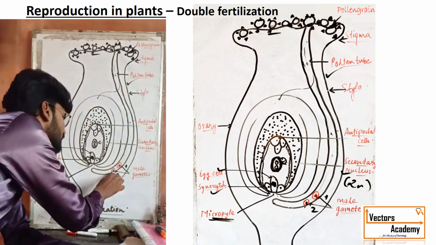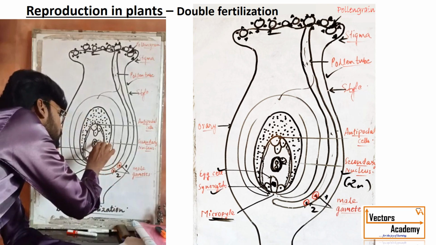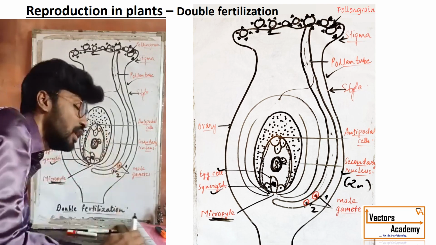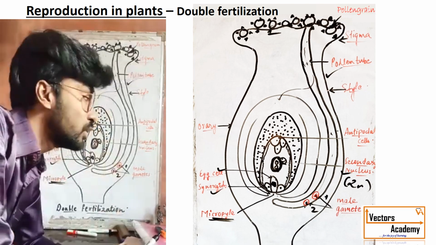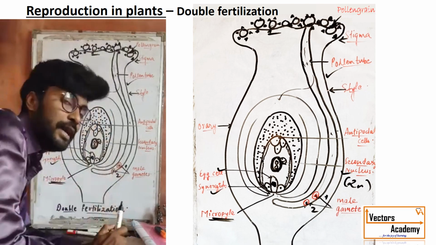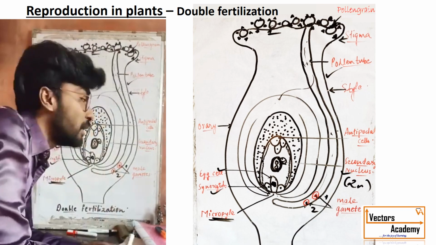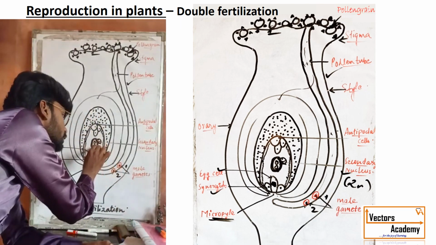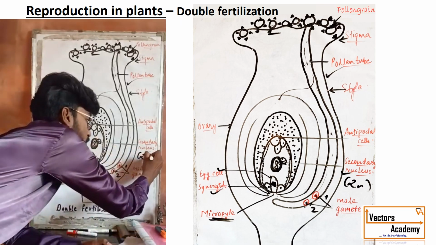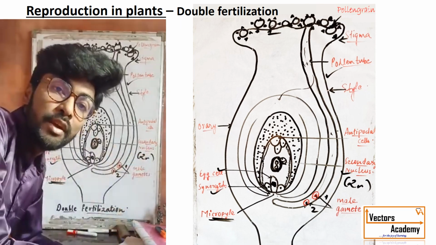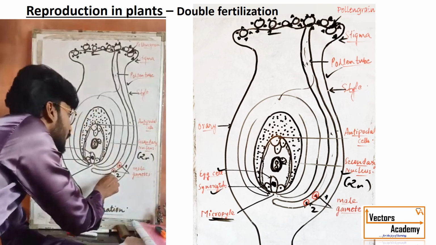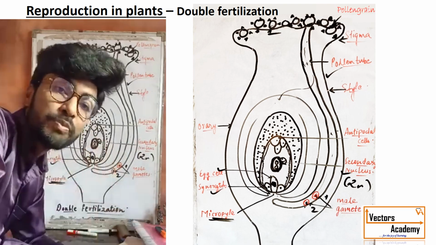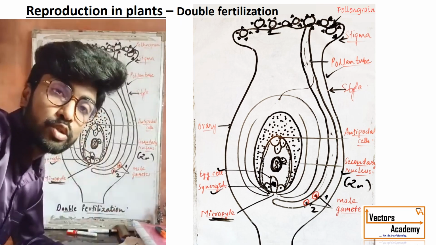Now the second male gamete will enter and it will fuse with the secondary nucleus. Okay, now the second male gamete is also haploid in nature, but we know the nature of the secondary nucleus. Secondary nucleus is diploid in nature. So the second male gamete goes and fertilizes with the secondary nucleus to form the triploid primary endosperm nucleus.